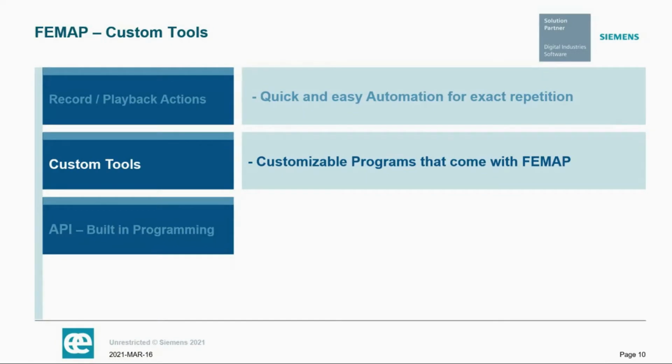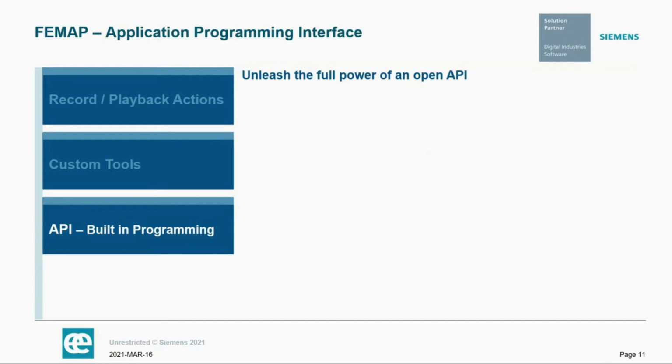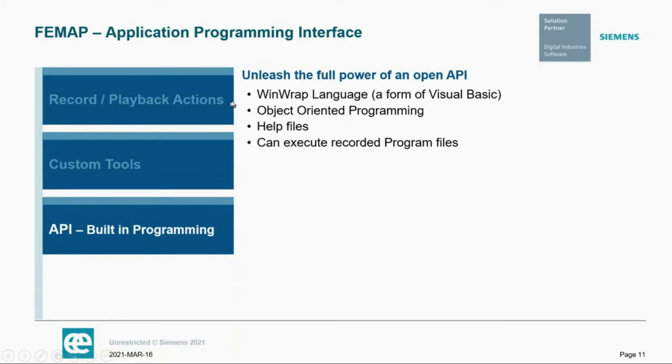All right, so we'll keep on going. So what is the full application programming interface built into FEMAP? It uses Vmap Basic, which is a form of Visual Basic. It's an object-oriented programming interface, and it's basically what's used in Excel is a cut-down version of Visual Basic.